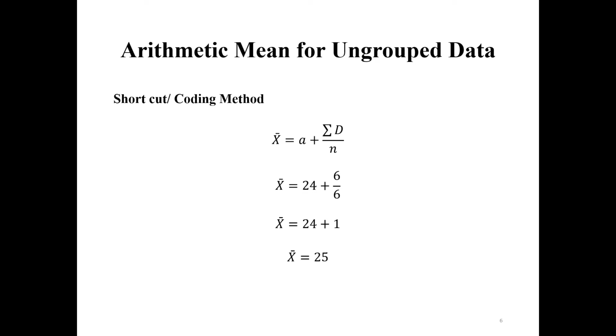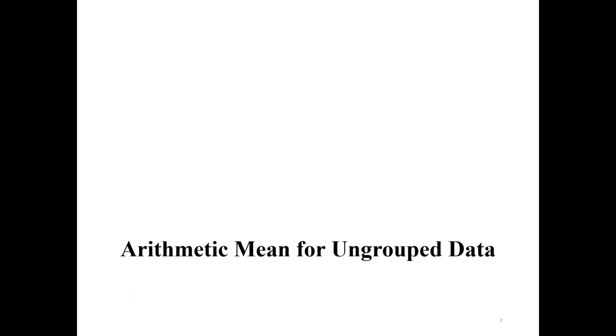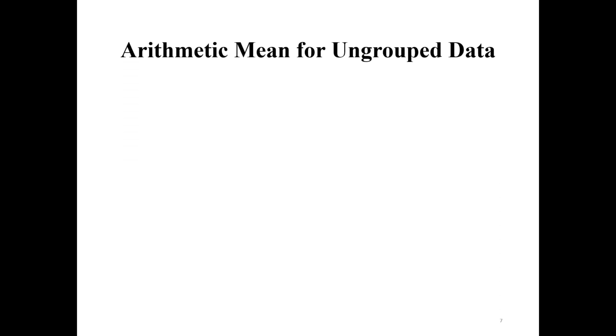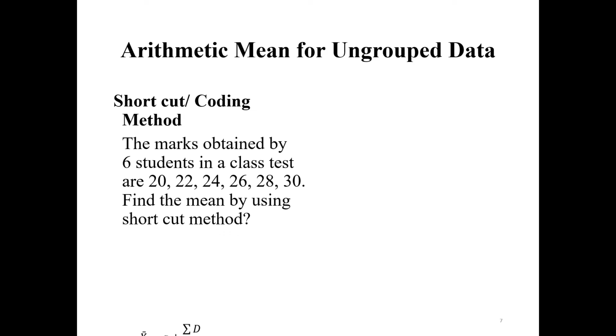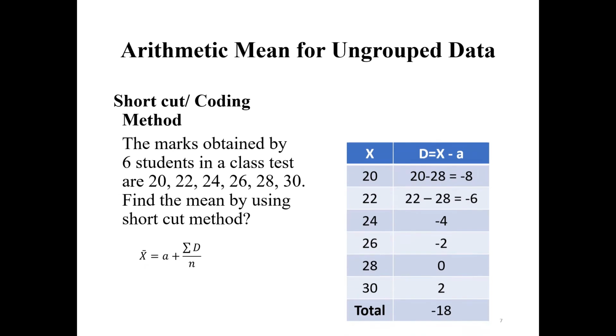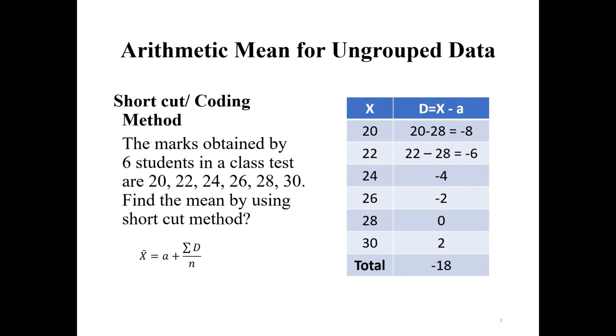Here one very important question arises: what would be the value of a? For illustration, we have taken the same example again, and we have changed the value of A. In this example, we have taken 28 as A and D is equal to x minus A. 20 minus 28 is equal to minus 8. 22 minus 28 is equal to minus 6 and so on.